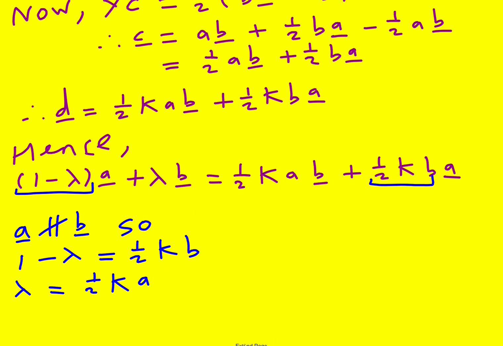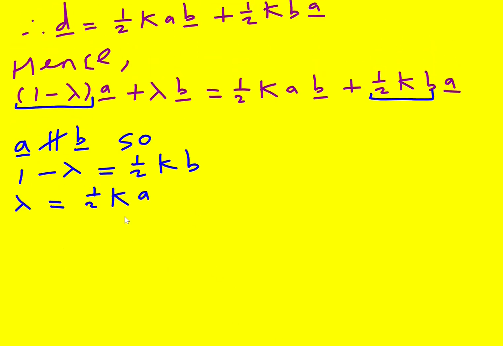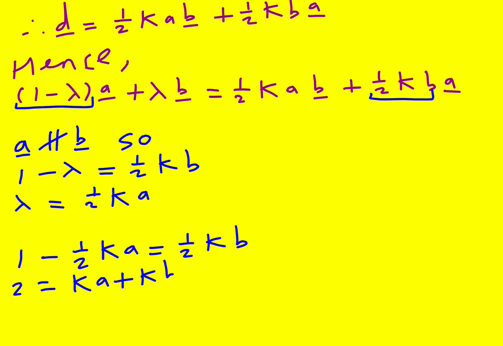Now what to do? Essentially I want to find lambda, but it might just be easiest to find k first. So I'm just going to substitute it in. 1 minus a half ka is going to equal a half kb. If I multiply through by 2, I'll get 2, and I'm going to add this onto both sides. 2 is going to equal ka plus kb, which is k(a plus b).